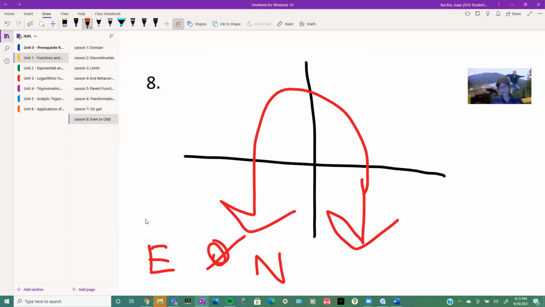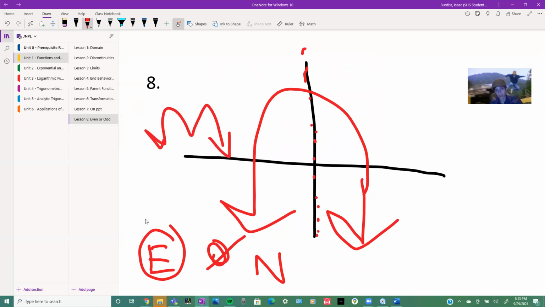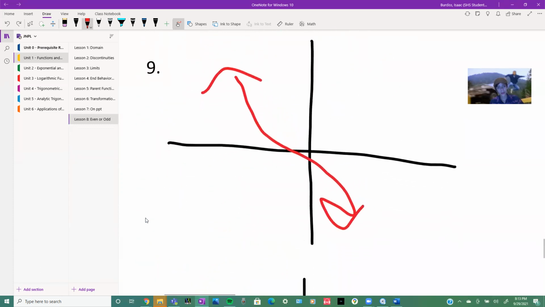If it's even, then it would have to have symmetry over the y-axis, and it does, so it's even. If it was something weird like that, that wouldn't work. That would be neither.